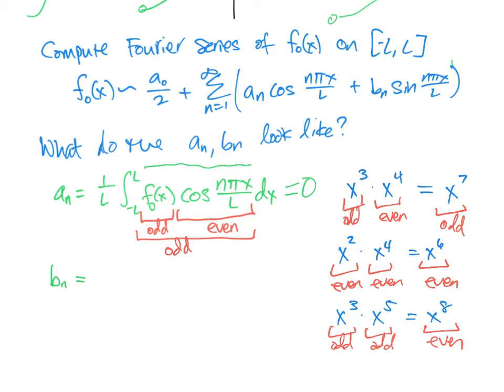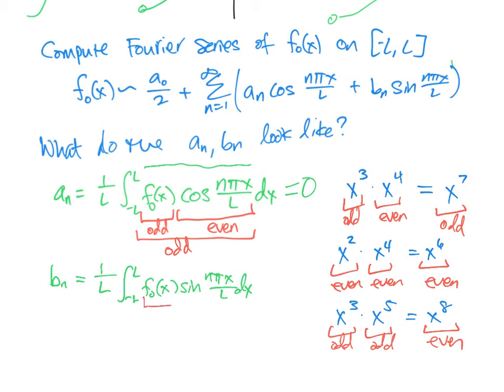bn equals 1 over L, integral from negative L to L, f_o of x times sine n pi x over L dx.